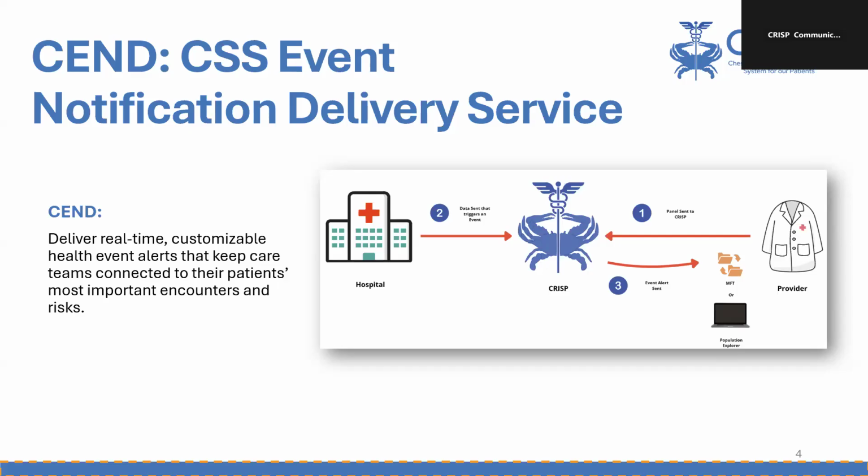The way SEND works is organizations who participate with CRISP send us their patient panel. This is a list of rosters with which you have a treatment relationship. What the SEND system does is monitor incoming data from hospitals and other organizations, such as ADT and other data feeds, to send notifications when there is a qualifying event.